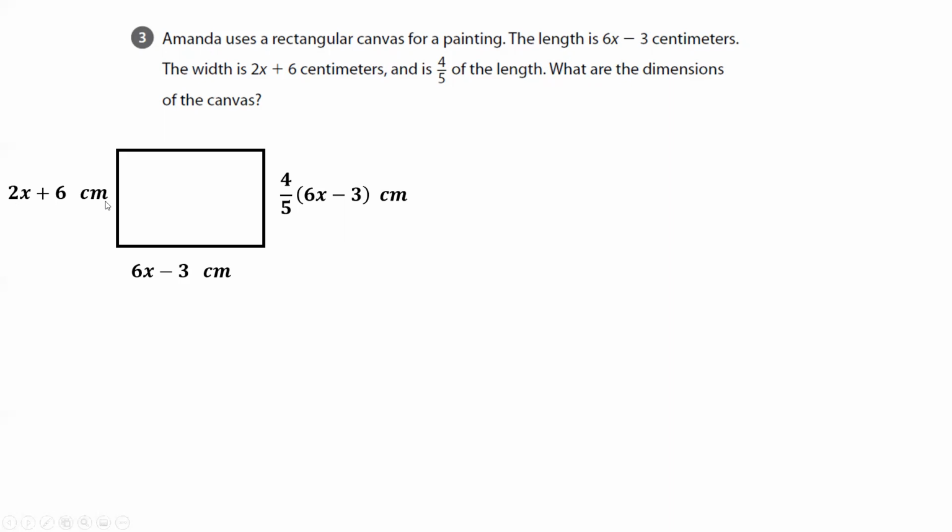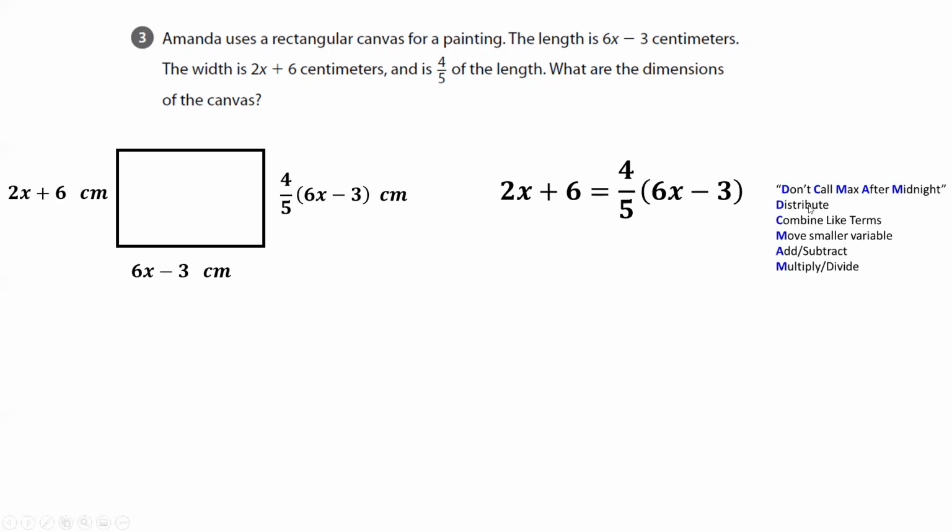They wrote the width in 2 different ways, but these represent the same exact thing. So we can set them equal to each other. This is W, this is W. And now you have a problem that you can solve by using Don't Call Max After Midnight.